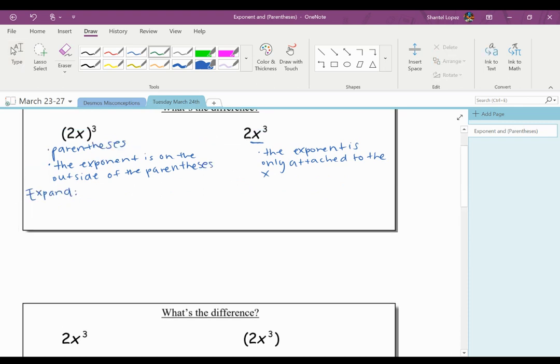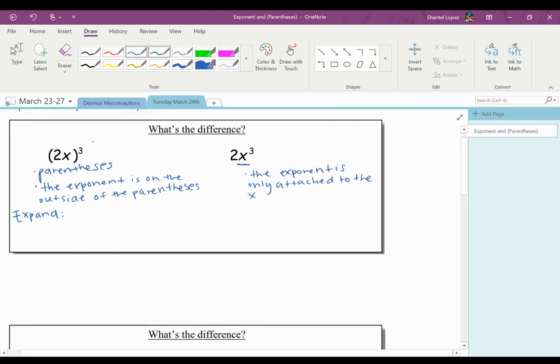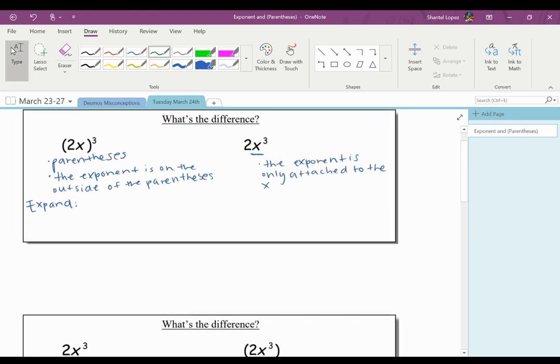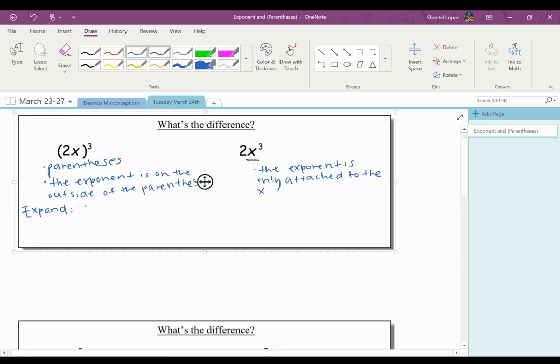Expanded. So since the 3 is on the outside of the parentheses, that means I'm going to have 3 parentheses, and I'm going to have everything inside the same. So 2x, 2x, 2x.